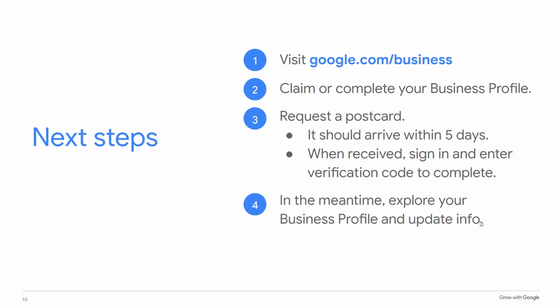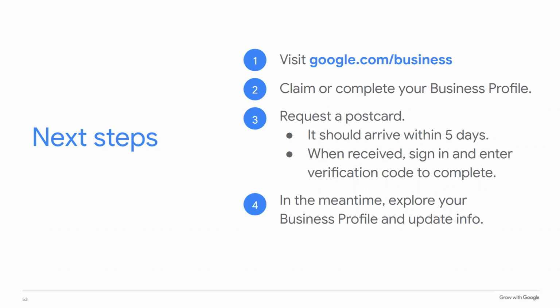Now, your next steps are to visit google.com/business, claim or complete your business profile, and request a postcard. It should arrive in 5 days, but we know sometimes the mail doesn't always work that way entirely. When you receive it, you're going to sign into your Google business profile and enter the verification code that's shown on the postcard to complete.